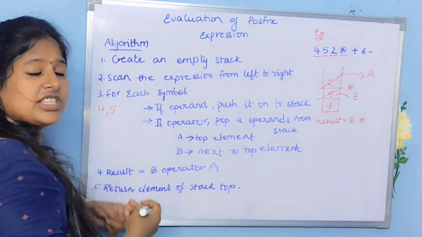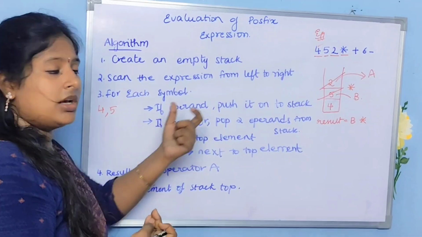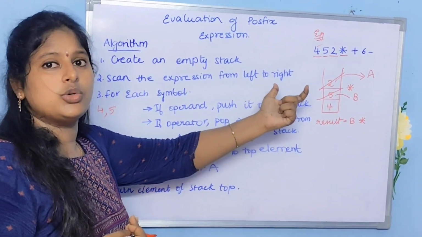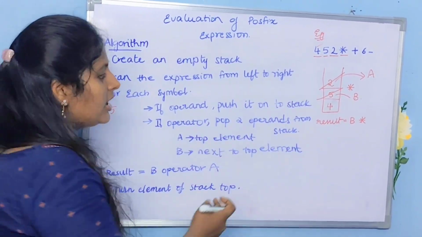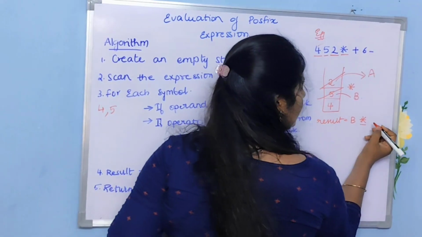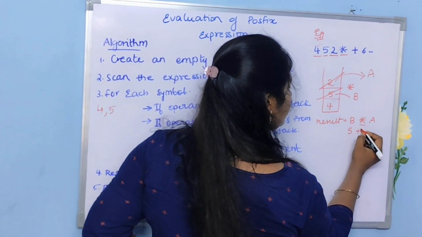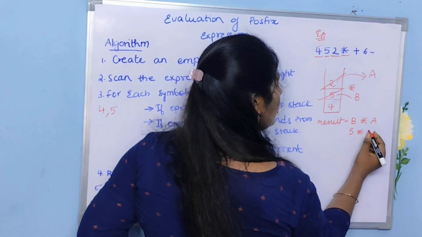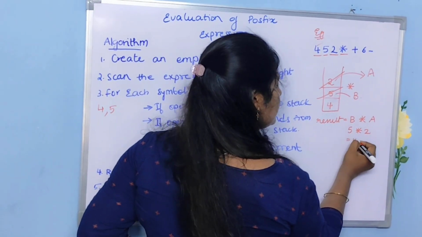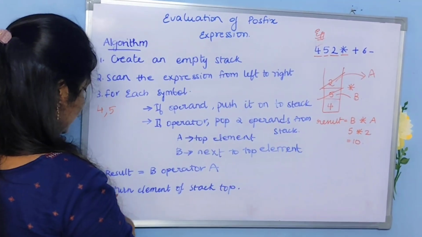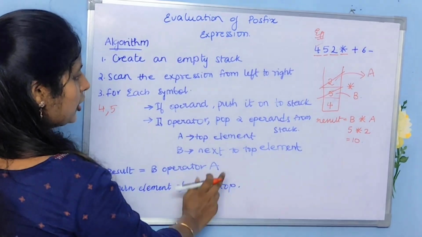The operator which caused the operands to pop from the stack should be written over here. Now what is the B value? 5 into A, which is 2. Result is 10. After getting it, return the element to the stack top.